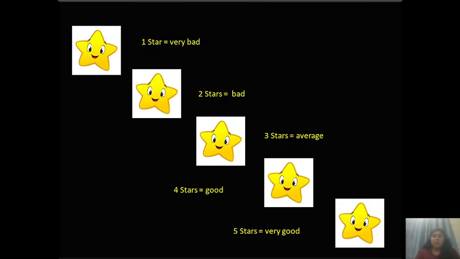That's why ordinal scale has some kind of order, but the difference between those orders is not equal or known. And if I ask you to subtract 3 stars from 5 stars, will 5 stars, that is very good, minus average, give me 2 stars, that is bad? The answer is no. So you cannot perform addition or subtraction on ordinal scale.